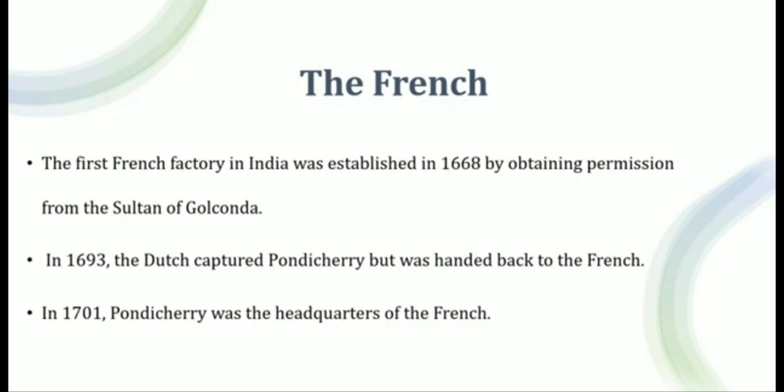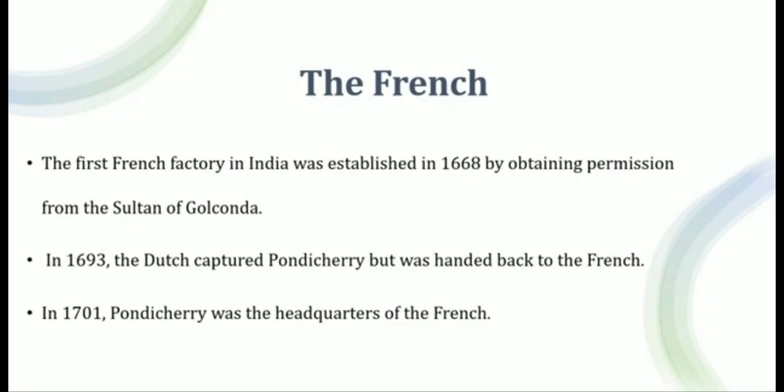The first French factory in India was established in 1668. Who gave permission to start it? The Sultan of Golconda. The king of Golconda gave permission to start the French factory in India in 1668.